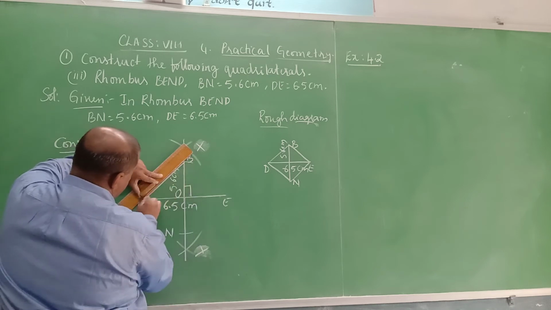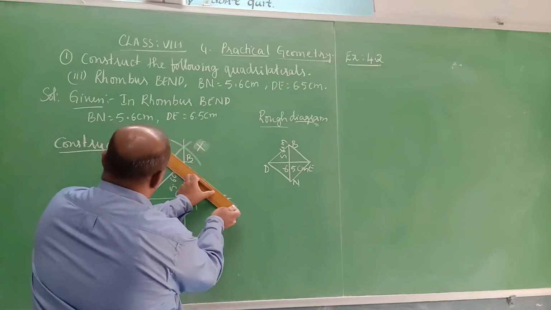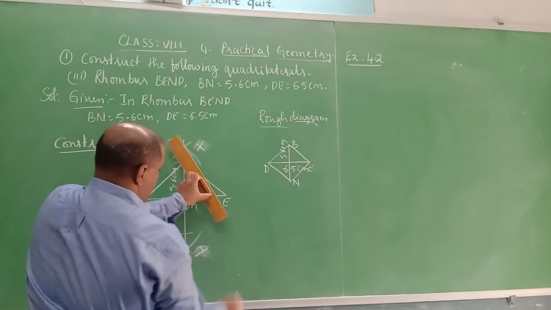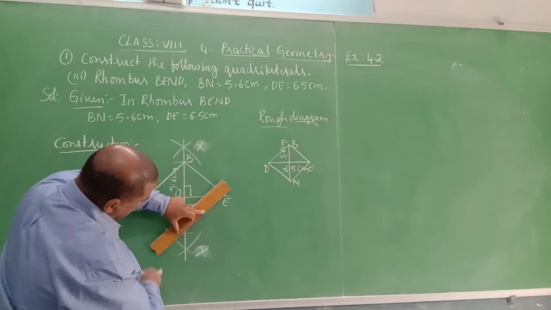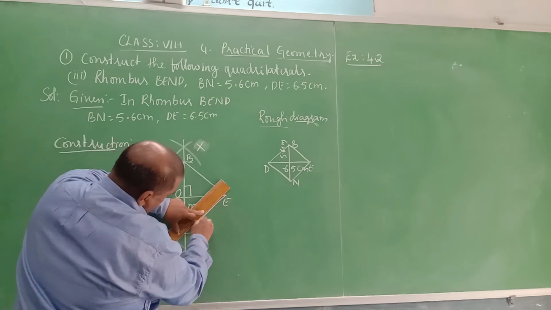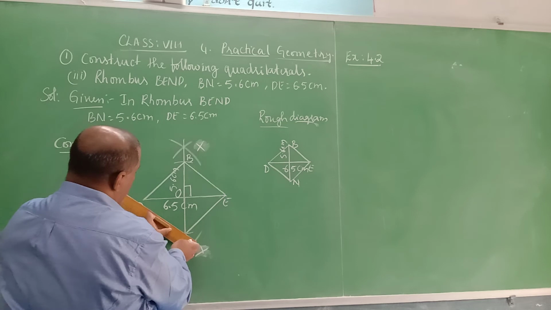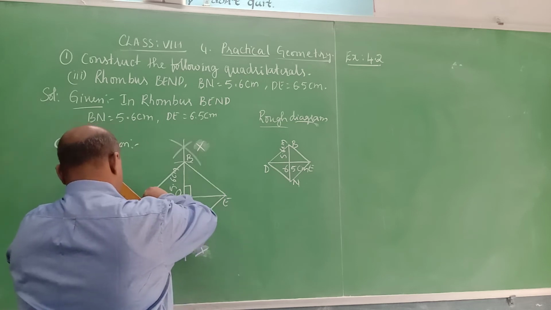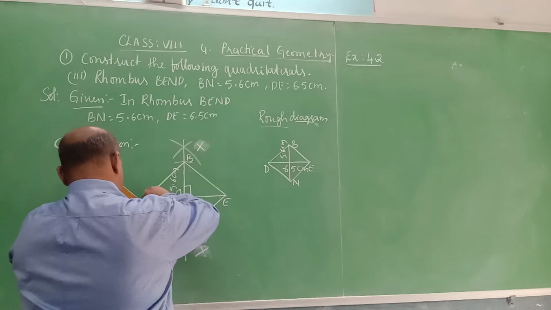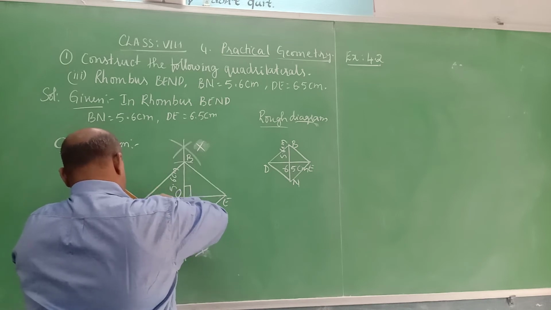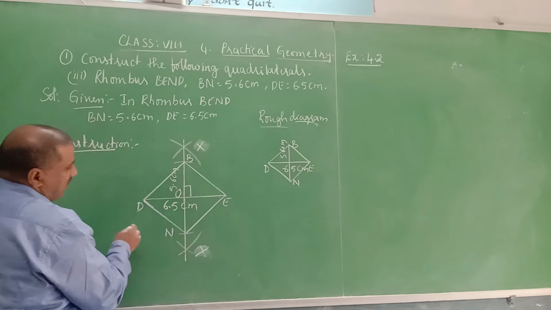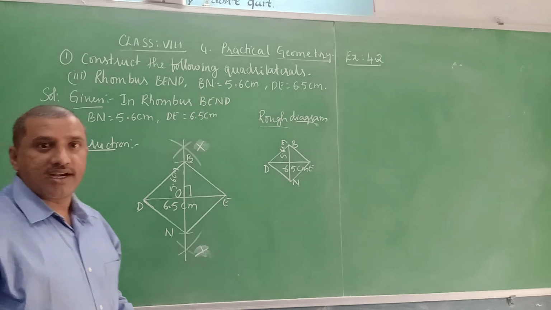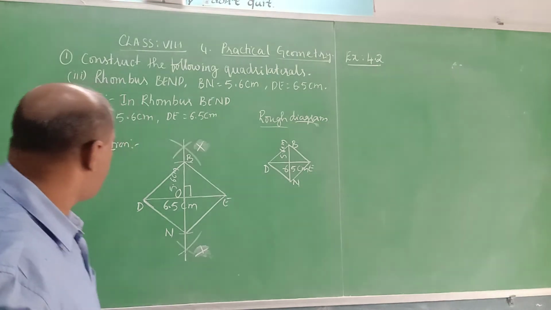So join BD, and now BE. Join EN, and join DN. Yes, this will give you the required quadrilateral, that is the rhombus BEND.